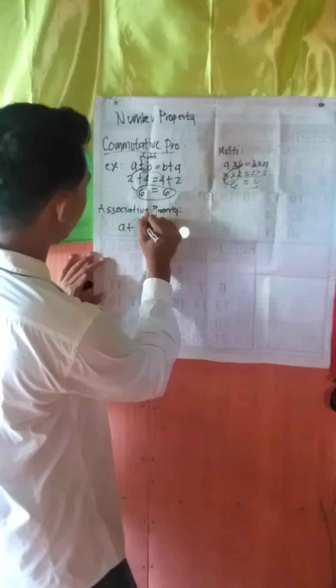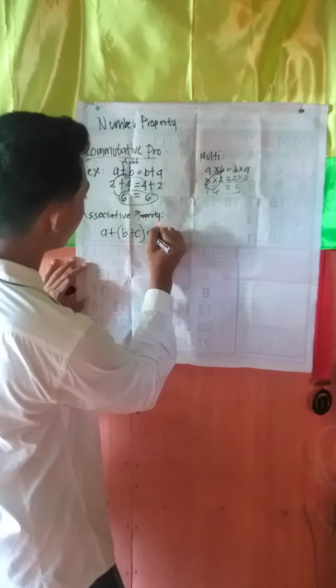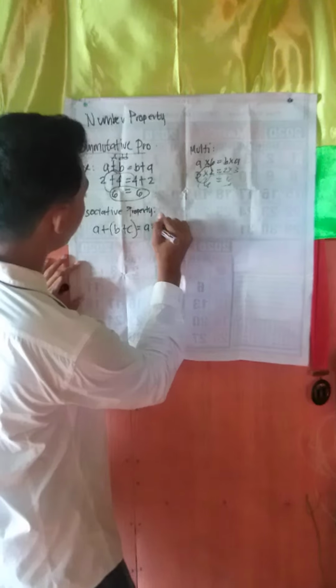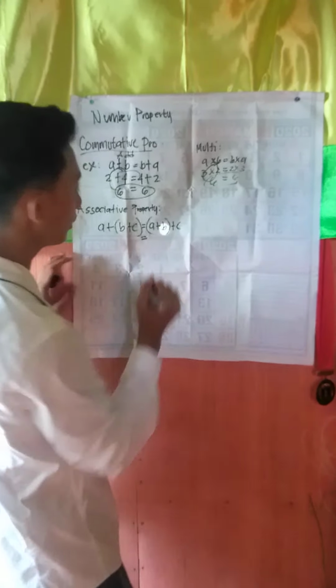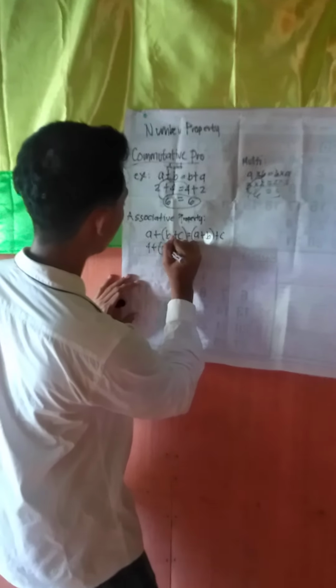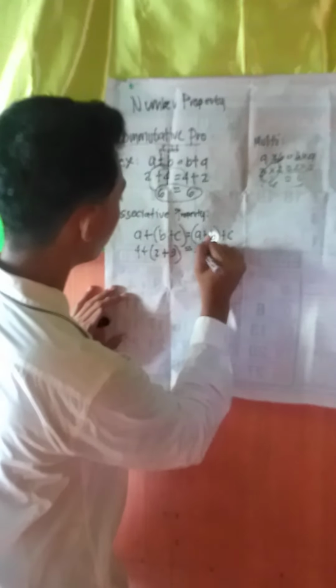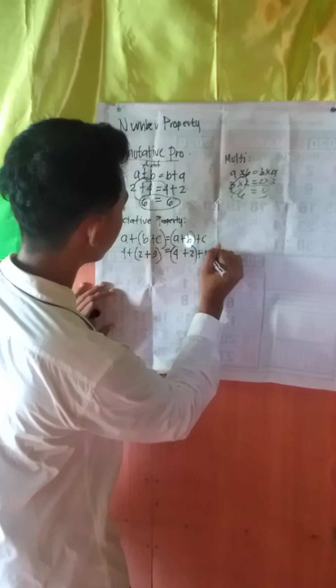For example, A plus B plus C equals A plus B, in parentheses, plus C. Let's simplify as 4 plus 2 plus 3, or 4 plus 2, in parentheses, plus 3.